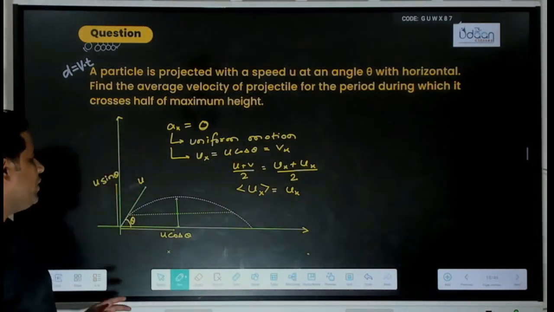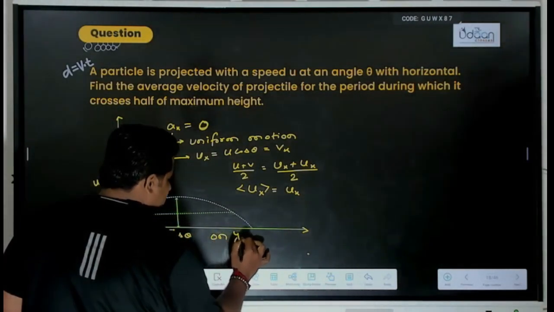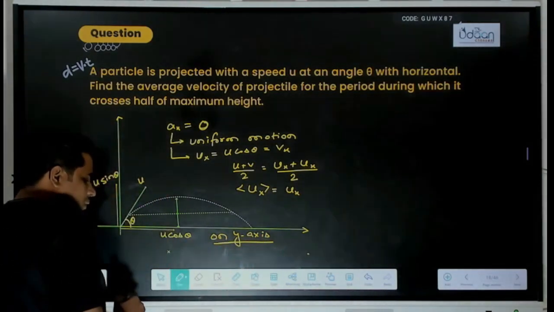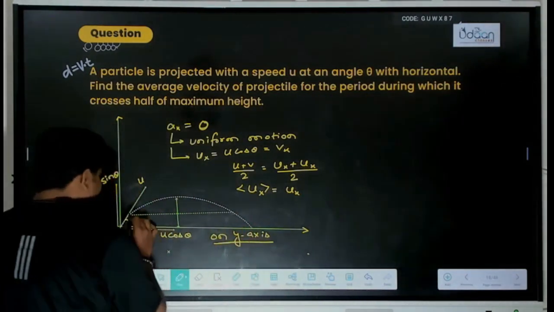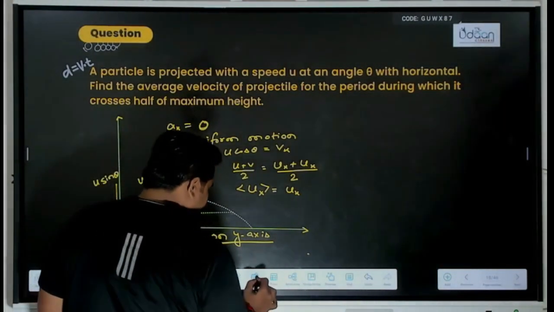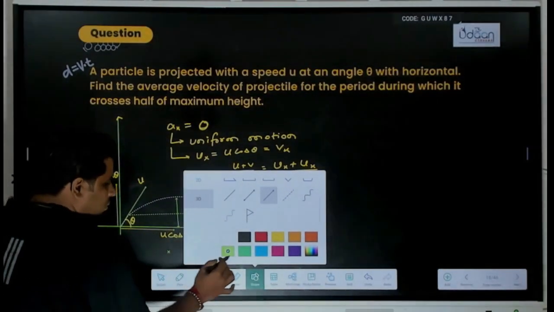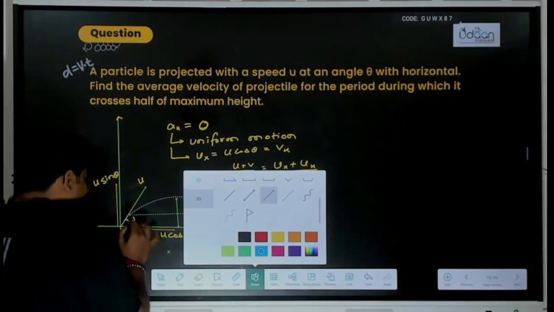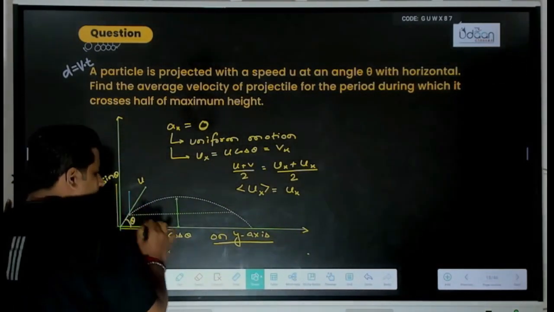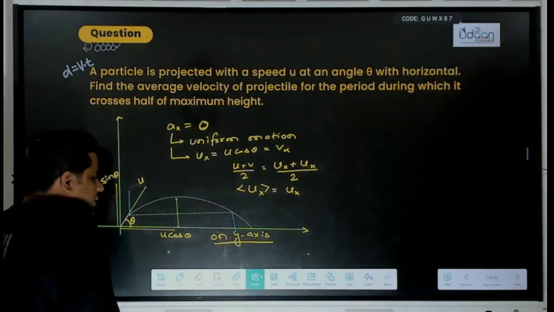Clear? Now if I am talking about the condition of the y-axis, what happens? On the y-axis, just see. Suppose at this point some velocity is Vy. So at the same height, the same velocity will be there, but in the downward direction. Why so?